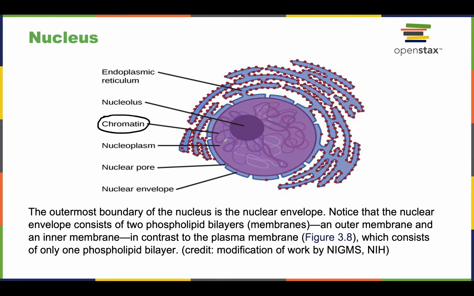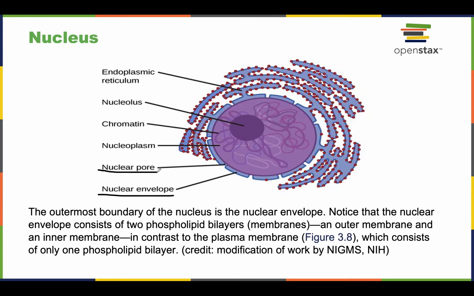Now, the nucleus has two phospholipid bilayers, which collectively we call the nuclear envelope. So where are the two layers? There's one layer inside here, and then the second bilayer is on the outside. So collectively they're called the nuclear envelope. And the nuclear envelope has pores in it, which we call the nuclear pore.